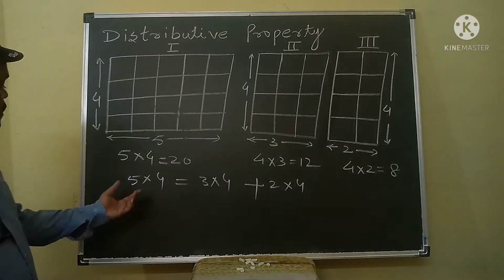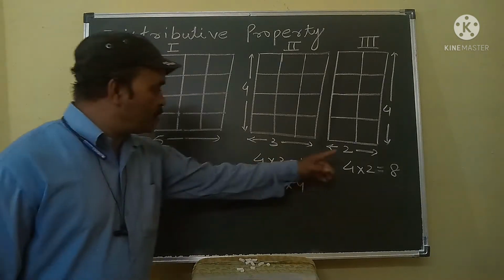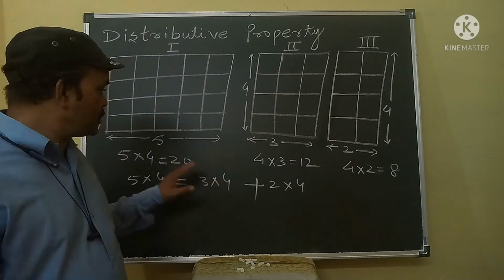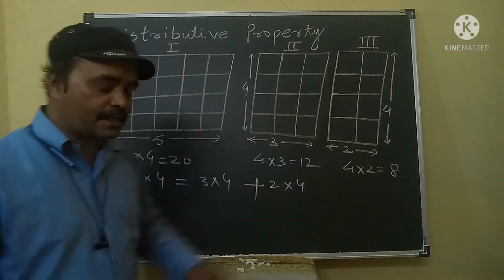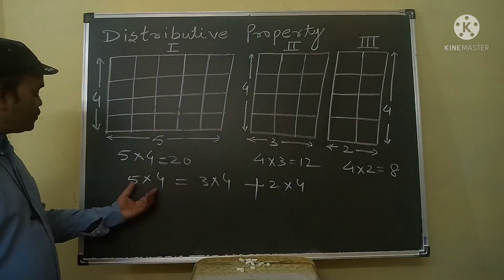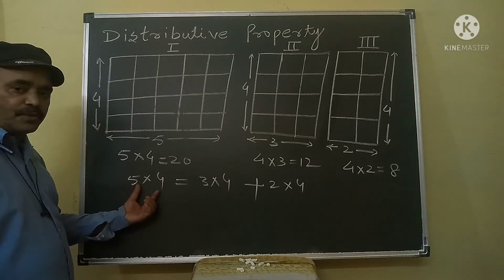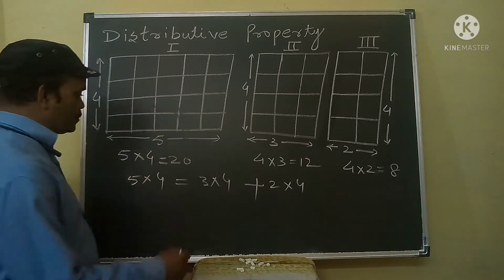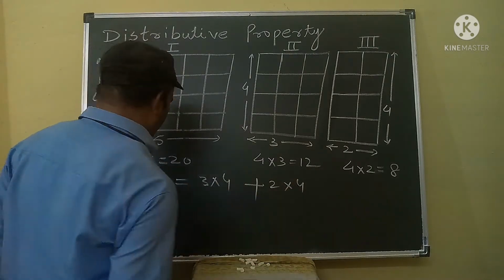That means 20 we can write 12 plus 8. So 5 into 4 is equal to 3 into 4 plus 2 into 4.